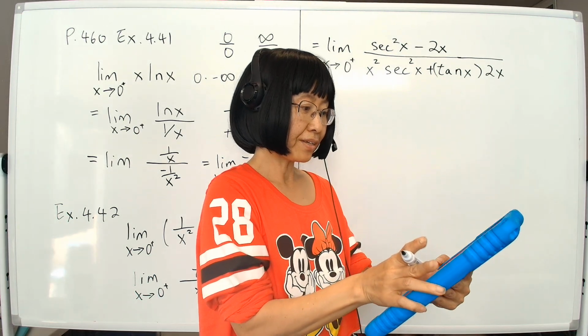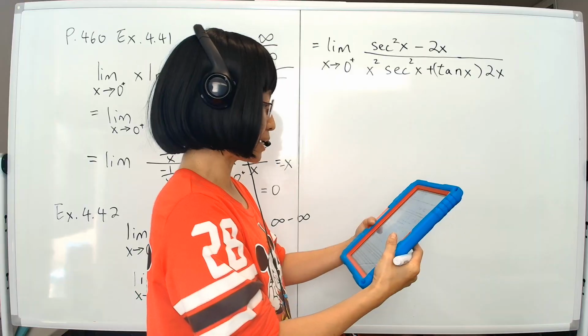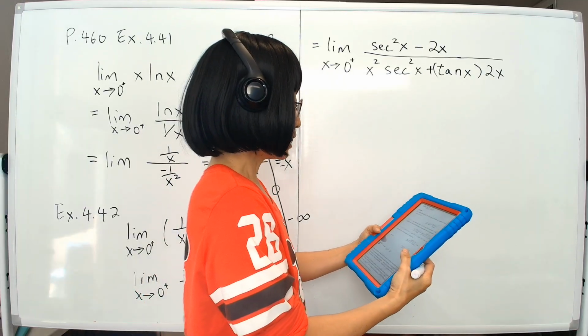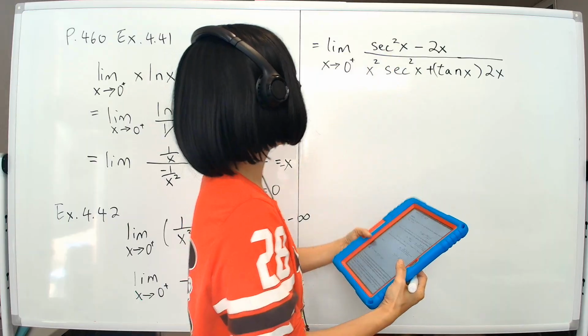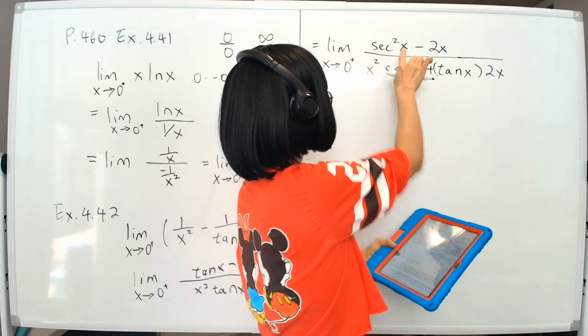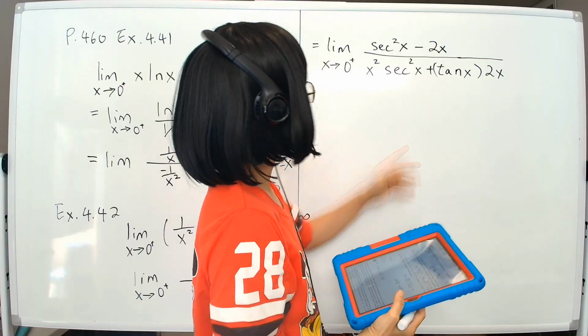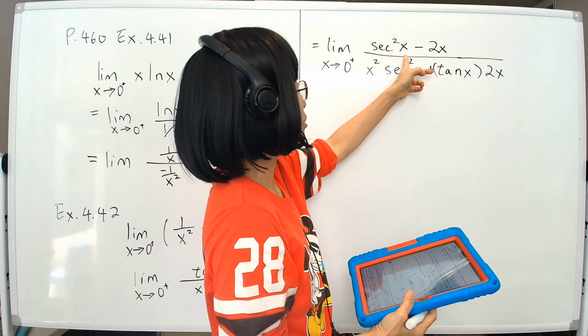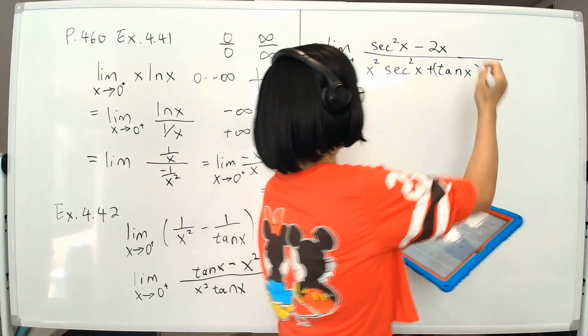And what do we have here? As x approaches 0, we check what happens. The top approaches secant of 0. Secant is 1 over cosine. Cosine of 0 is 1, so secant of 0 is also 1. That's 1 minus 0, so this approaches 1.